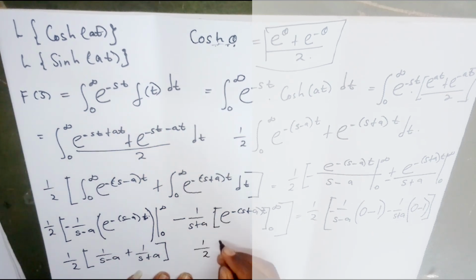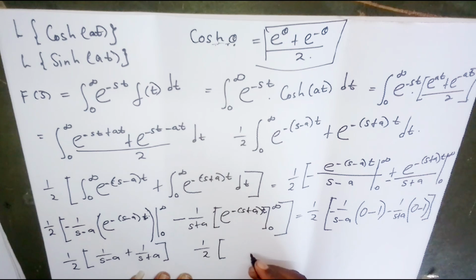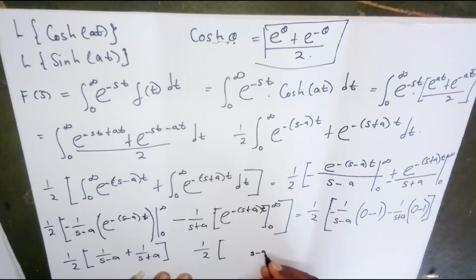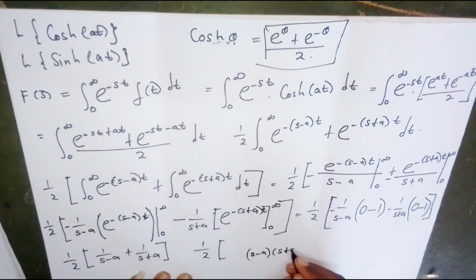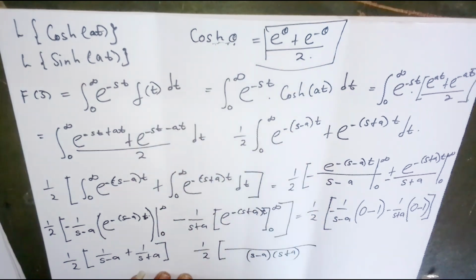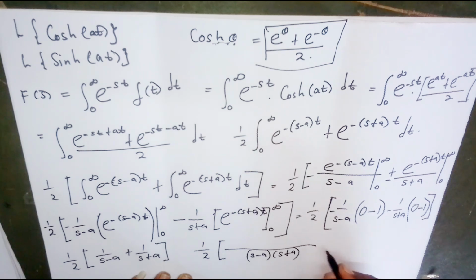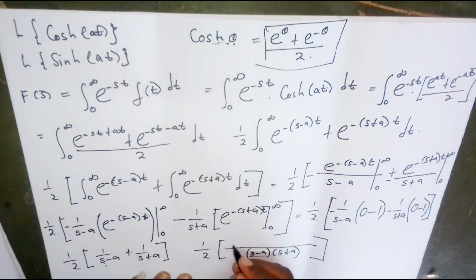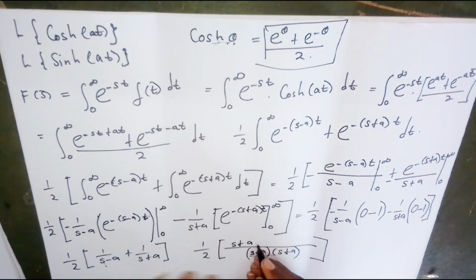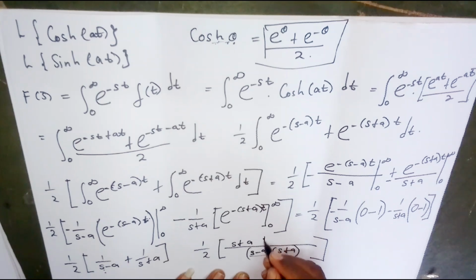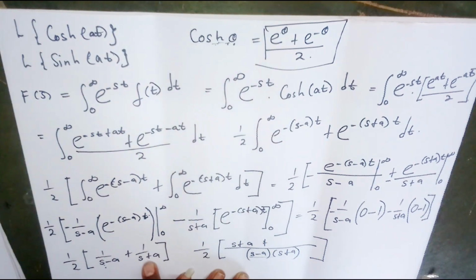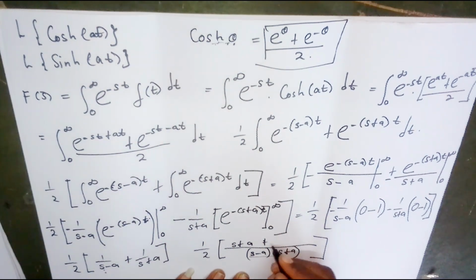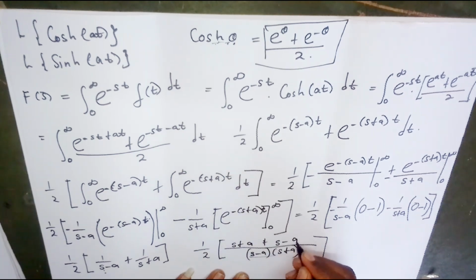Then we can say half, and then the denominator, we're going to get (s minus a)(s plus a), all over. Then on top, if we multiply s minus a into this denominator, we're going to be left with s plus a, plus, if we multiply s plus a into this denominator, we're going to be left with plus s minus a.